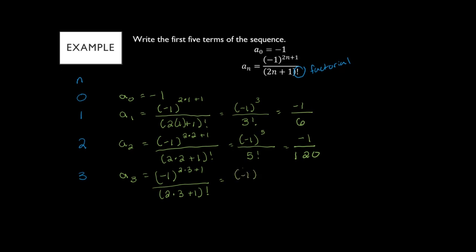You can see that there's a pattern here. And once you've done enough and you can see the pattern, it makes it a lot easier when you're plugging in the numbers because you're like, oh, okay, I see what changes every time. So this is going to be -1 over whatever 7 factorial is, which is 5,040.